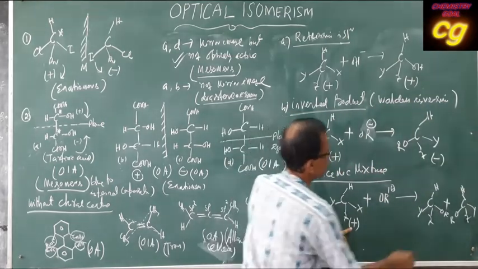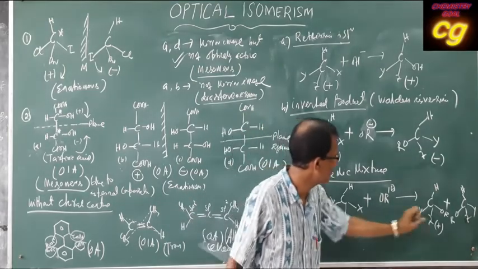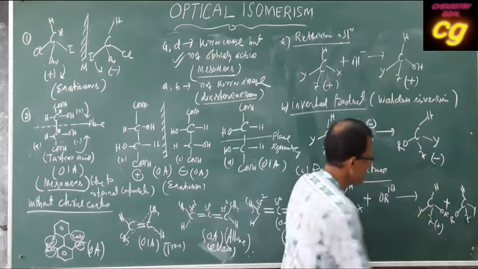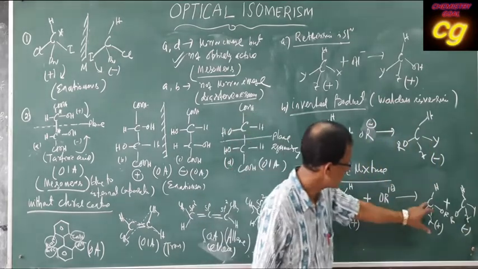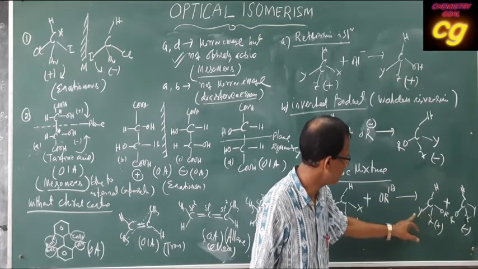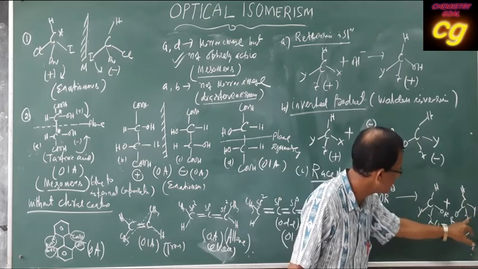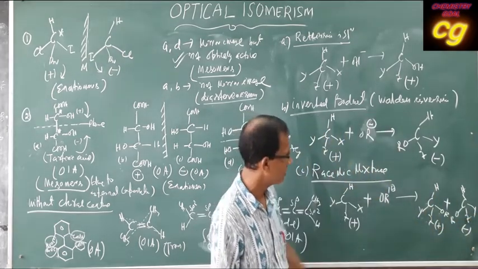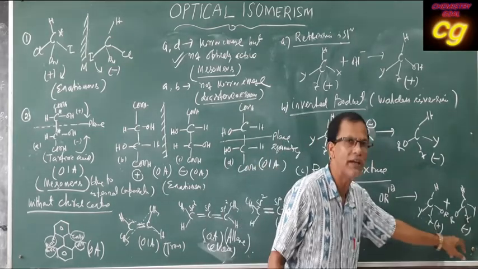One is plus, it will be plus, no change because the configuration is the same. But the other will be minus. The molecule is the same, the product has the same structure and the same formula. Everything is the same, but the configuration and arrangement are different. That's why if one is plus, the other is minus.